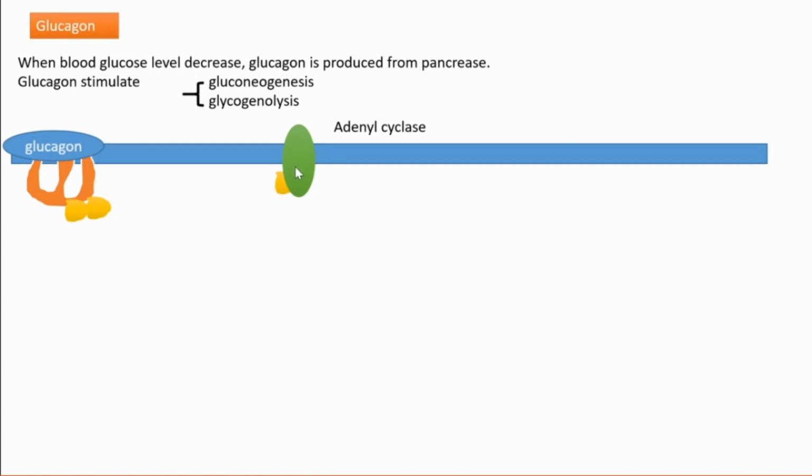This binding of the G alpha subunit activates adenyl cyclase, which is called an effector enzyme. This activated adenyl cyclase then results in the production of a second messenger called cAMP.